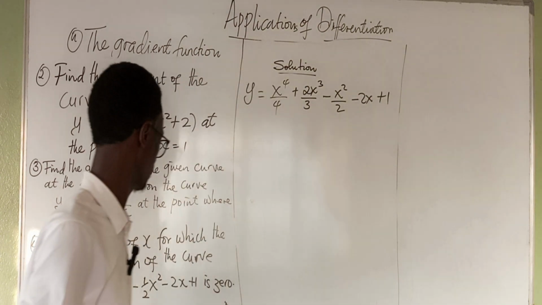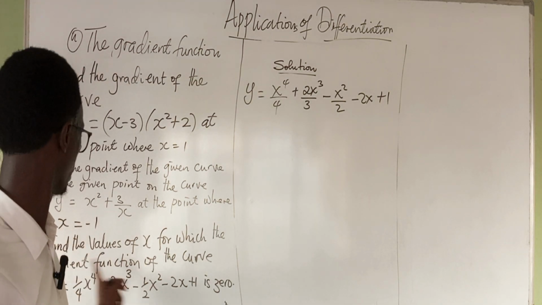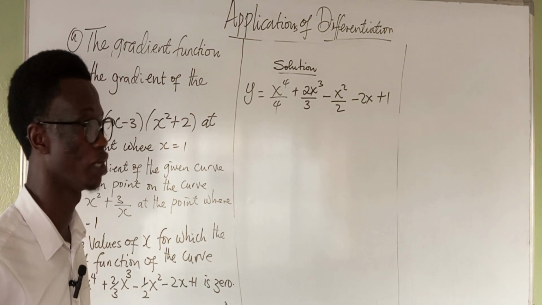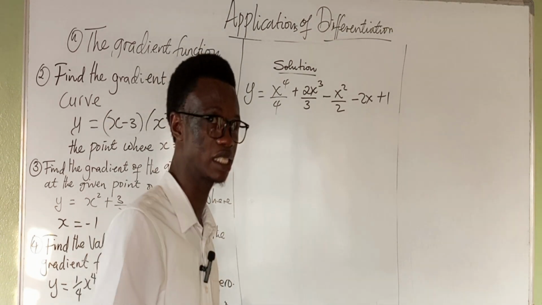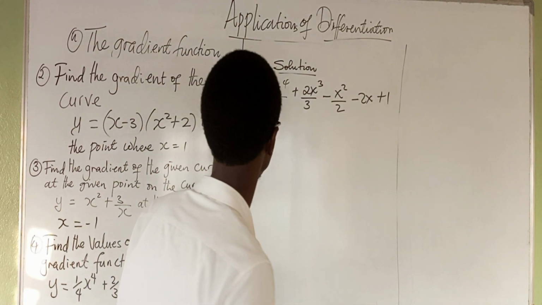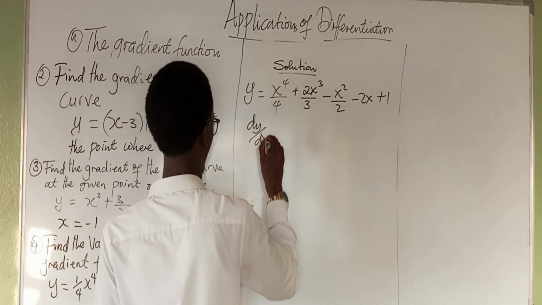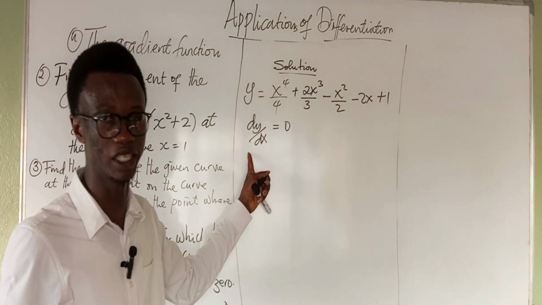Okay, so this is the curve function for which the gradient function of the curve is 0. So meaning the gradient function is 0, which is your dy dx is the gradient function. Okay, so it means your dy over dx is equals to 0. But what is your dy over dx?